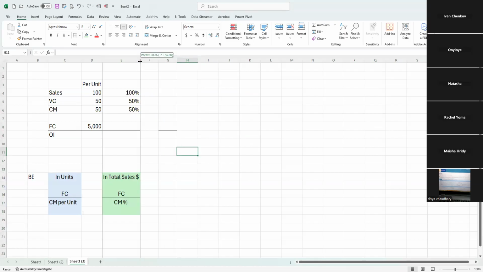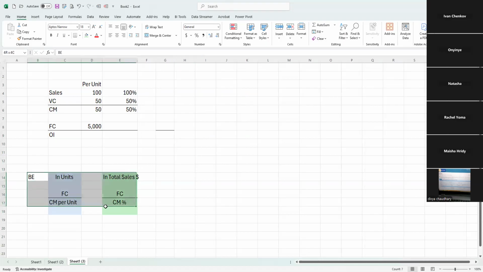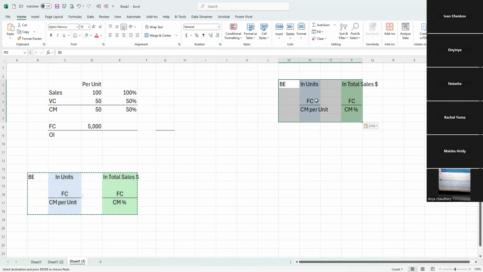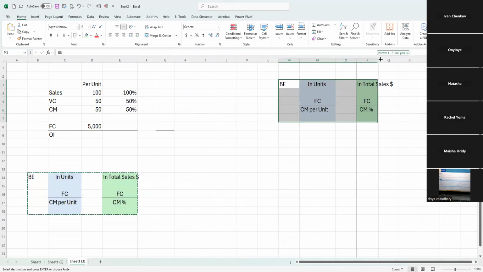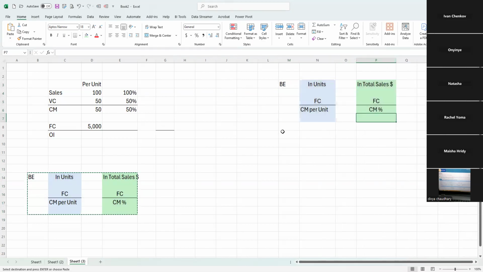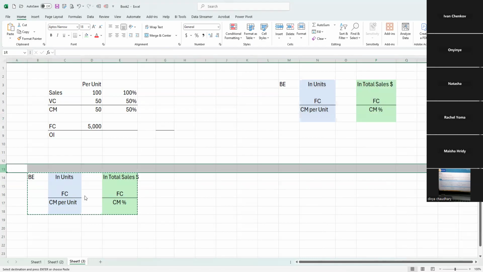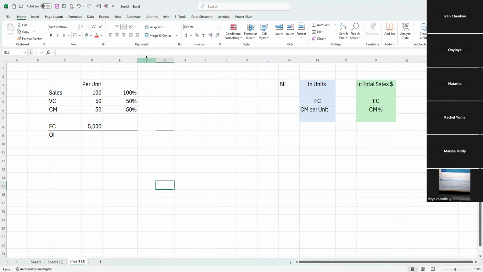So now we know that in order to get the break even, I have two formulas to use, correct? One option is going to give me number of units. The other formula is going to give me total sales. Perfect. So I get rid of those. I don't need those.